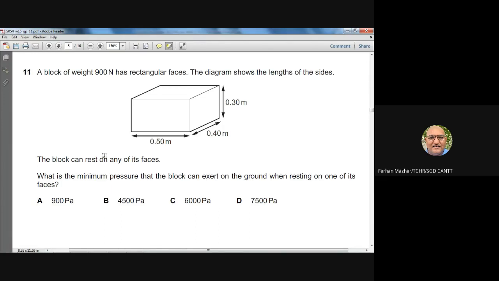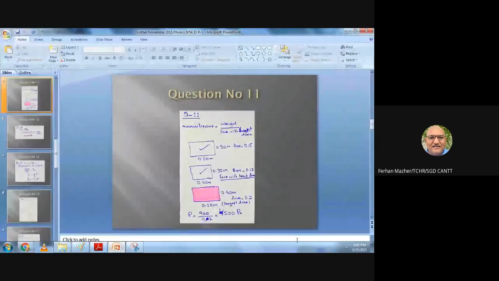So because pressure is equal to weight divided by area, the pressure can be minimum when the contact area with the ground is maximum. So I will take that face whose area will be maximum. Let me show you. I have done this on a paper. So here we go.